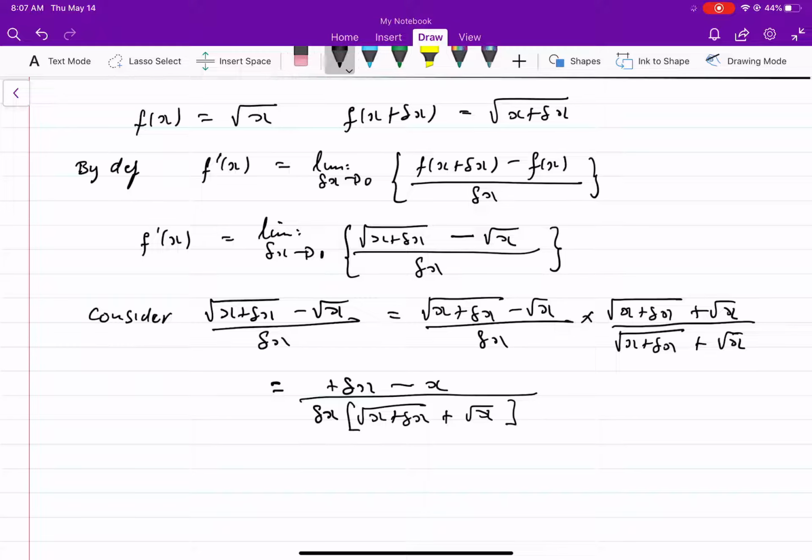How does that look? I think it looks good. X minus x will cancel out. And the delta x that's sitting up there alone now will cancel out with the delta x in the bottom. So what's left over? Just 1 over the root of x plus delta x plus root x.